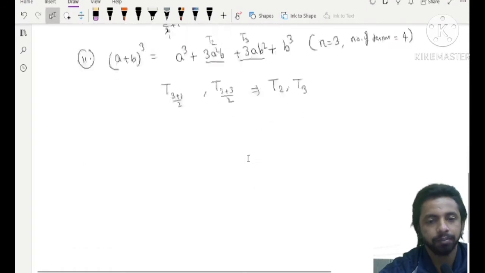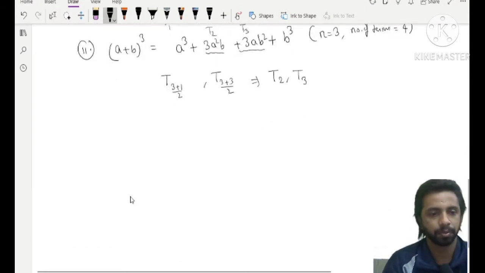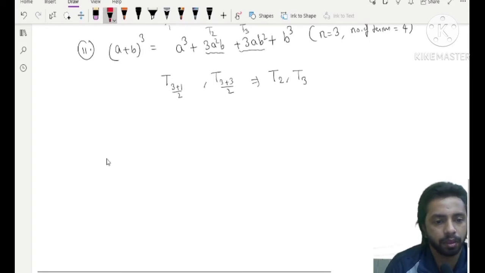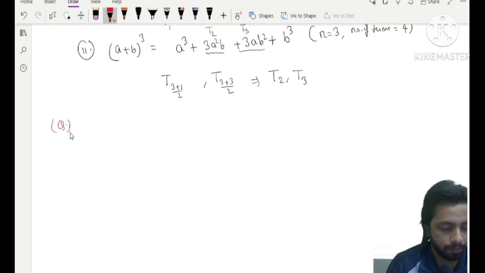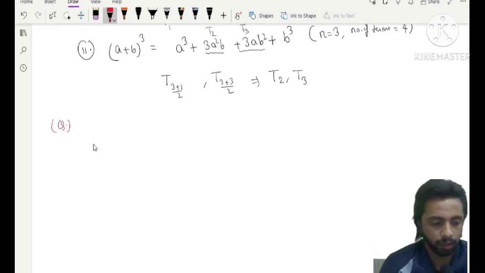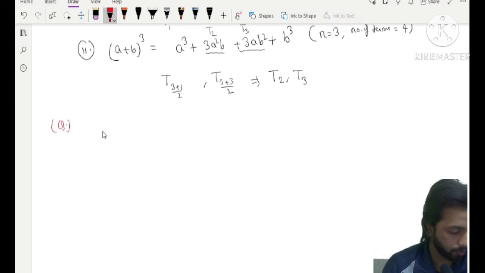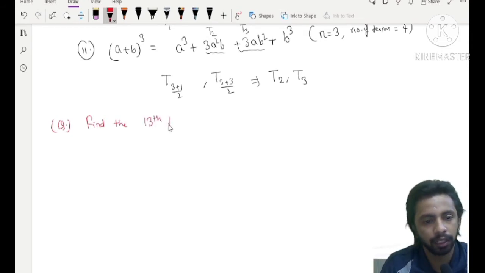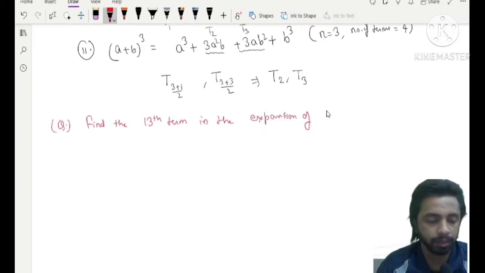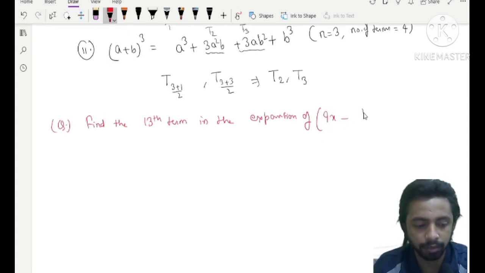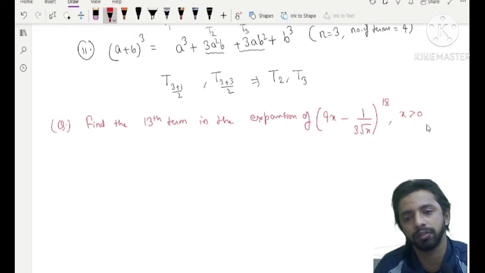Let's come to a question from the exercise. Okay, so find the 13th term in the expansion of 9x minus 1 by 3 root x raised to the power 18, where the value of x is positive, it is greater than 0.